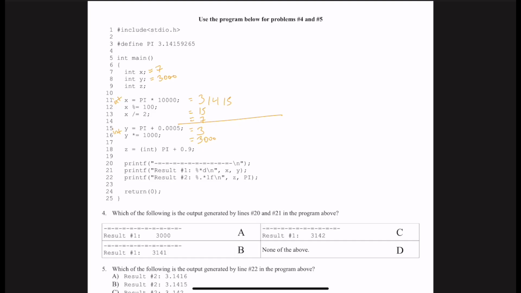So jumping down to line 21, we're going to substitute in the first value, or variable, x, for this star right here. Remember, this is going to be our width modifier. And then the second one is going to replace the value. So we want to display 3,000 with a width modifier of 7.